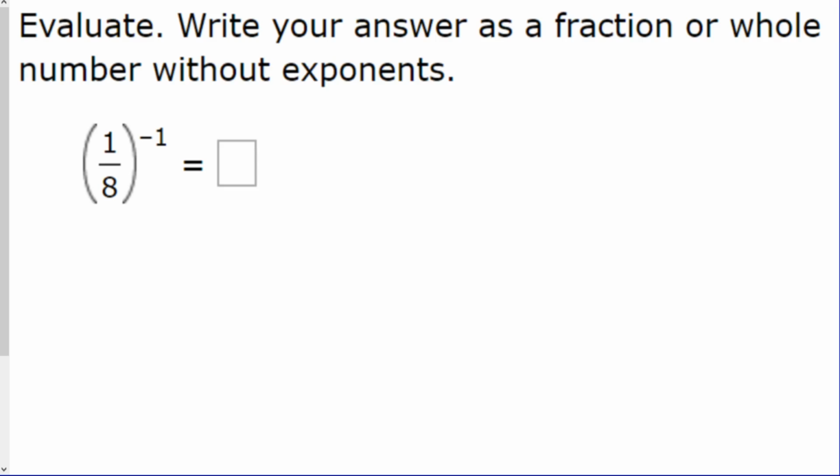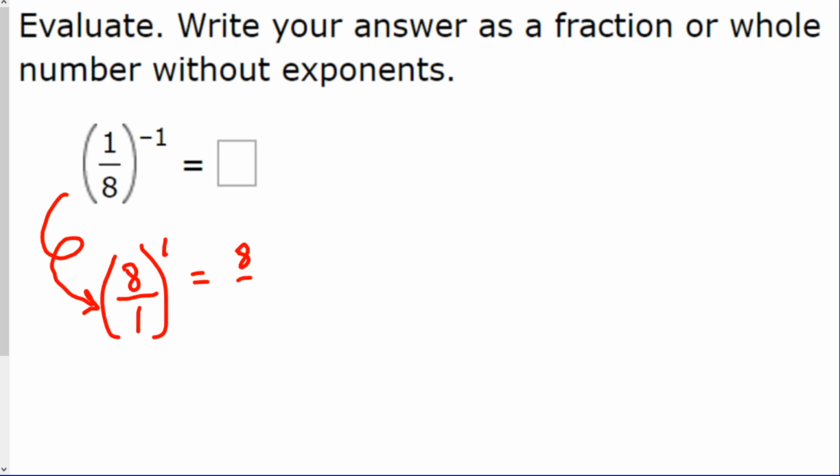So again, we're raising a fraction to a negative power, so we're going to flip it over. Now the whole thing is to the positive 1 power. And basically that means 8 over 1 times just one time, because it's just 1. And 8 over 1 is just 8.